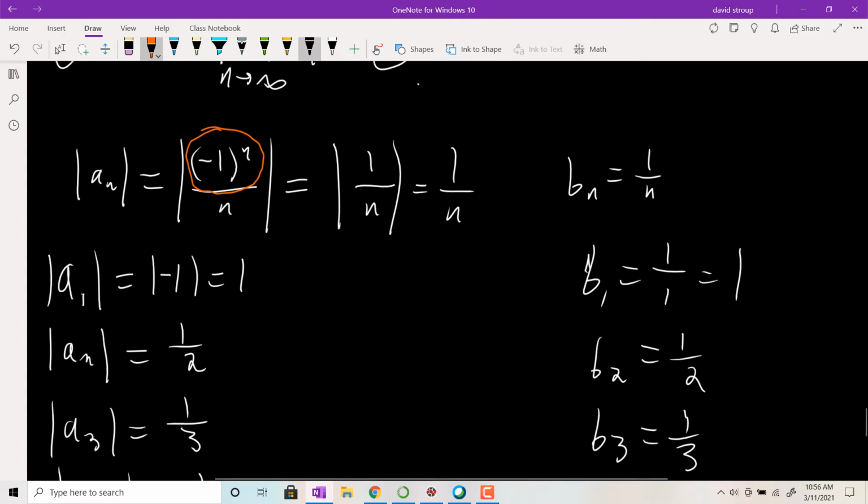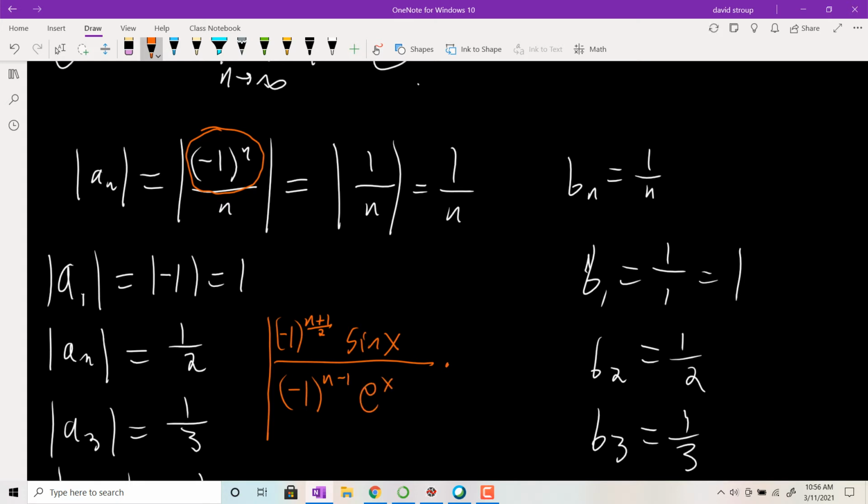I don't care how complicated the expression looks. You could have something like the absolute value of -1 to the n plus 1 all over 2, sine of x divided by -1 to the n minus 1 times e to the x times -1 to the 2n minus 1 all over -1 to the 3n.